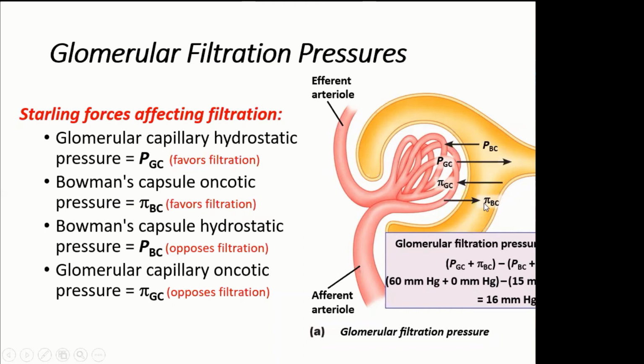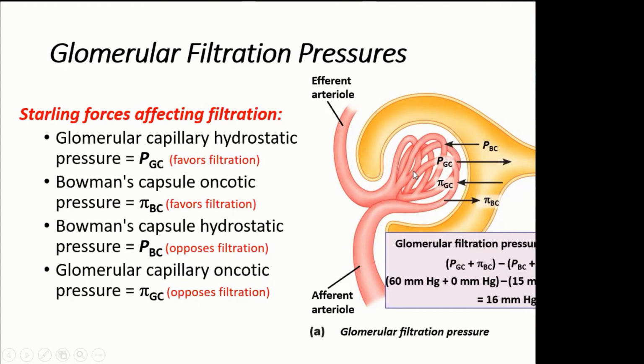The actual normal value of the oncotic pressure of Bowman's capsule is about 0, because those proteins stay stuck in the glomerulus. So usually there isn't a pull in this direction. But if we had proteins leaking into the nephron for some reason, it would usually be pathological, but it would affect this filtration rate. So we also have pressures in the opposite direction.